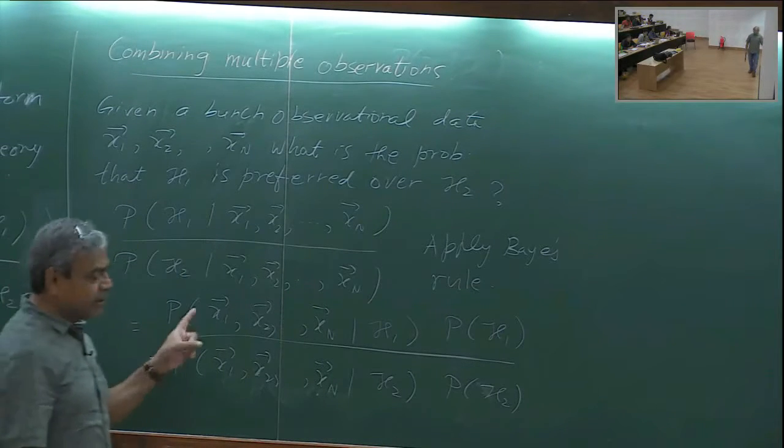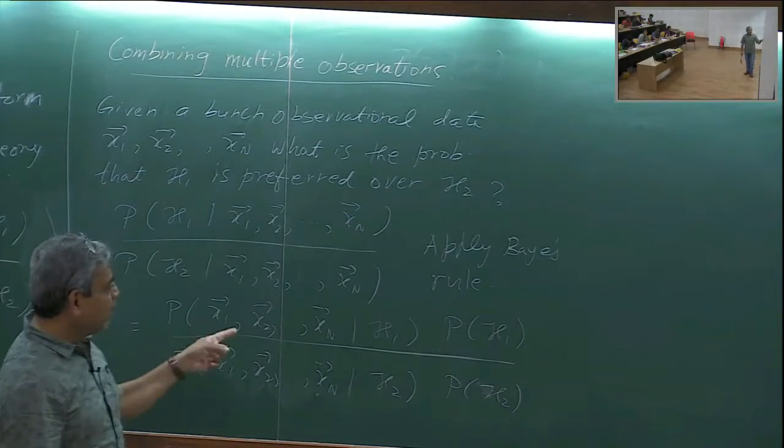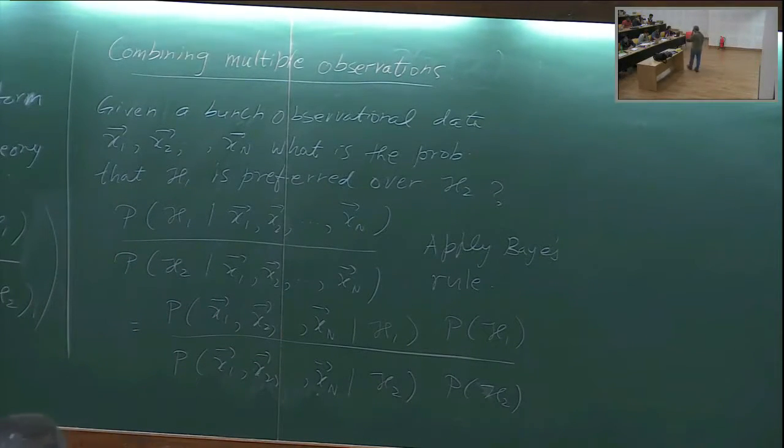Well, now I can simplify the left-hand side, provided each of those observations is independent of each other. There's no reason to think that GW150914 affected the observation of GW151226.